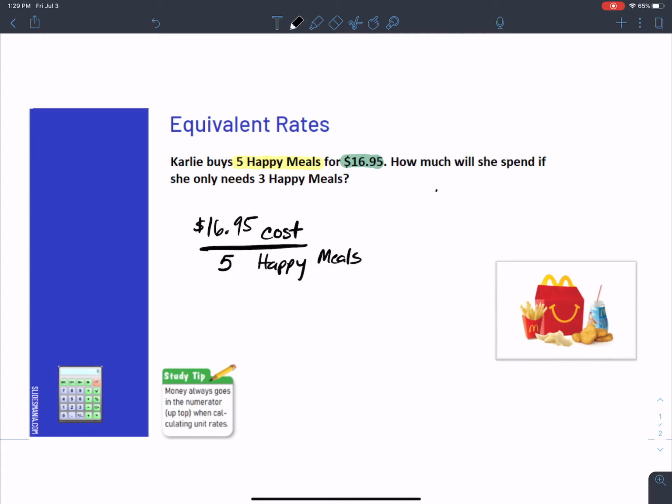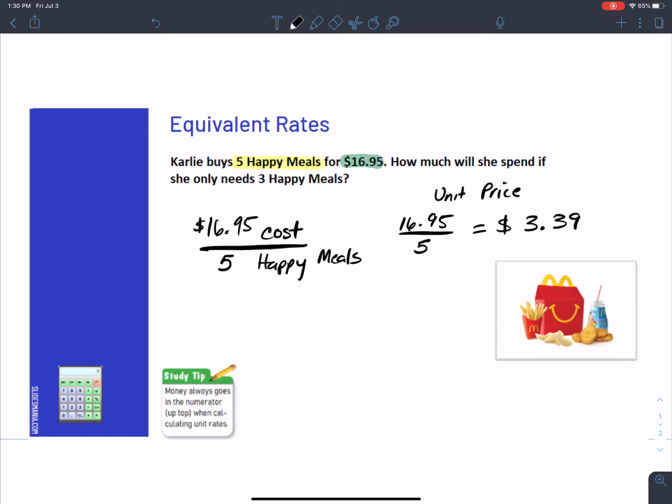Now we can figure out our unit price. To do that, we just divide 16.95 divided by 5. Go ahead and do that while I do it. And when we do that, we get $3.39.